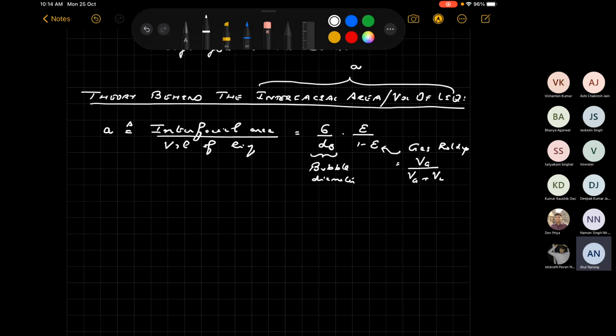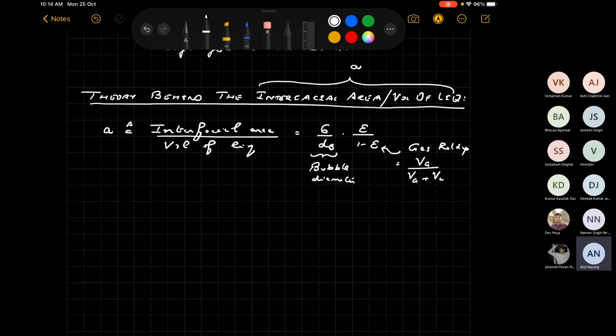I'm going to assume that all the bubbles are of the same size, dB. Although the reality is that the bubbles have an entire distribution of sizes, the argument easily goes over. All you'll have to use is some sort of a mean diameter. It's actually called the mean Sauter diameter.